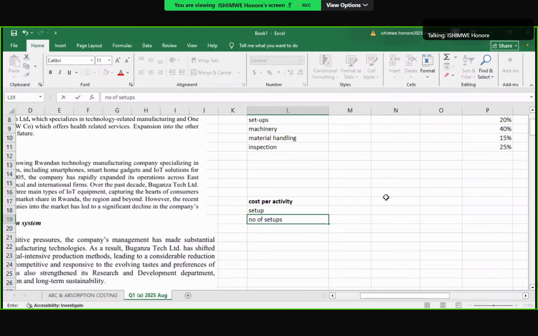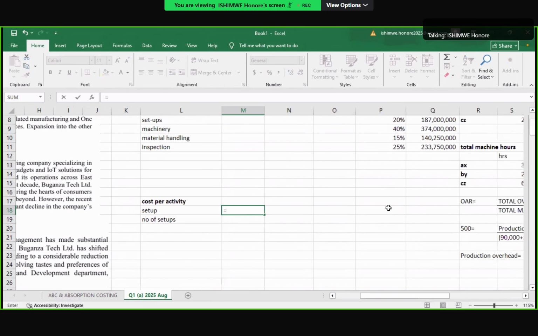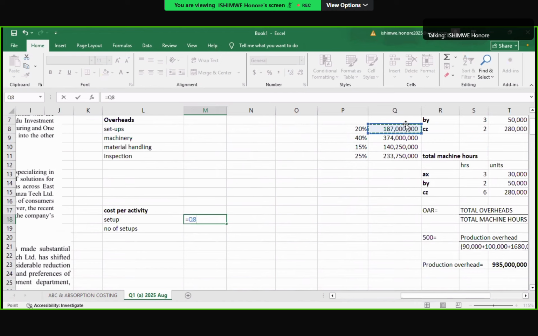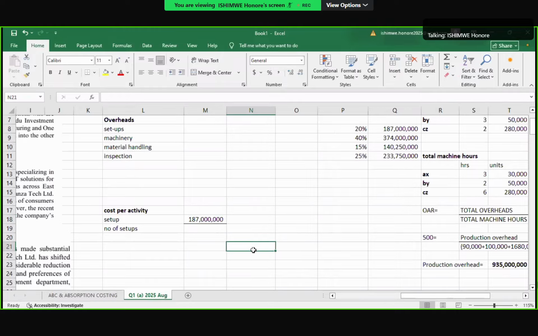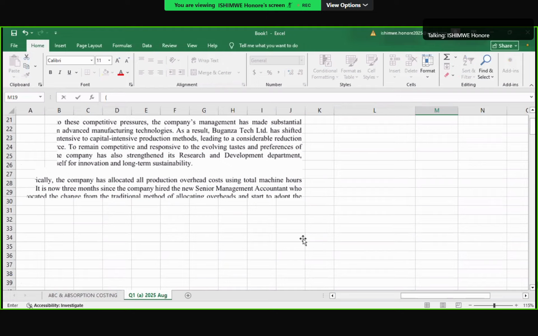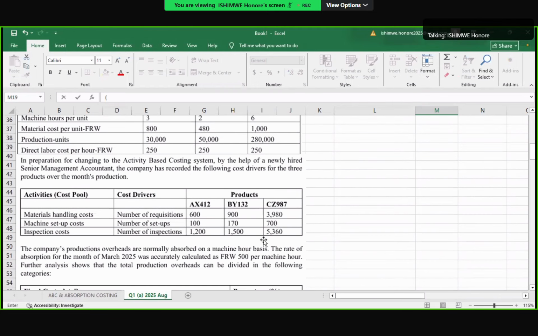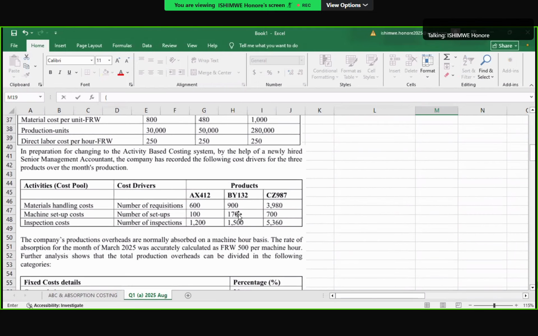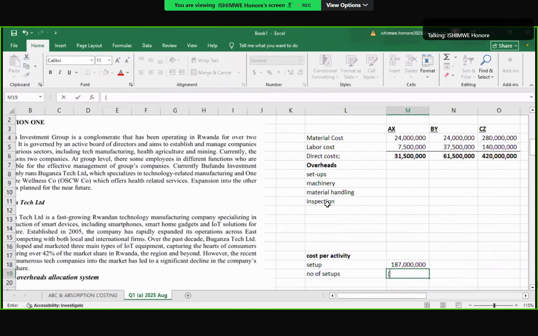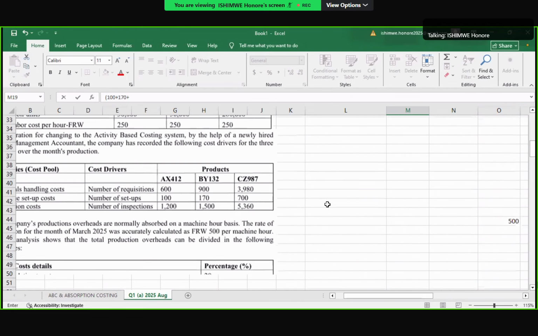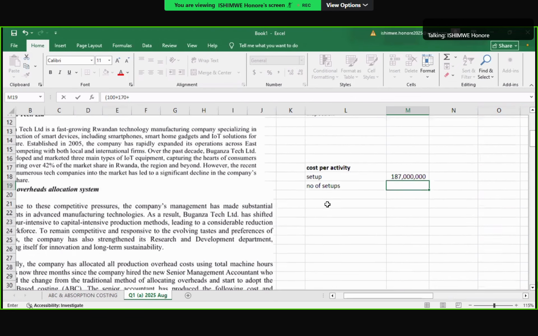In the exam you are wasting time, you just write setup. So 100 plus 170 plus 700. Okay, is it 7? Yes, 7,000. I wanted to confirm.